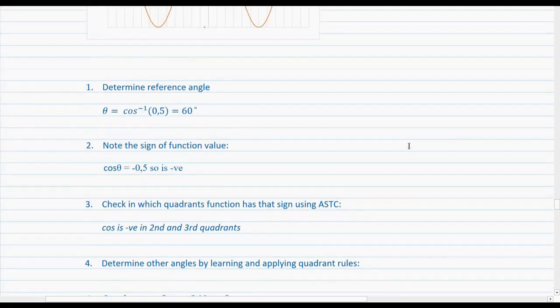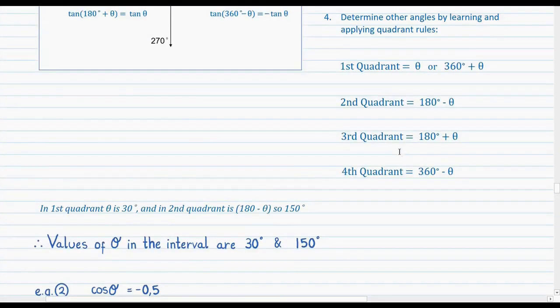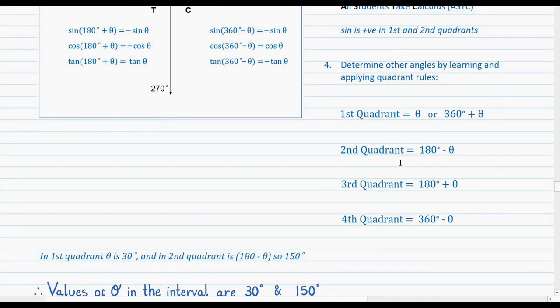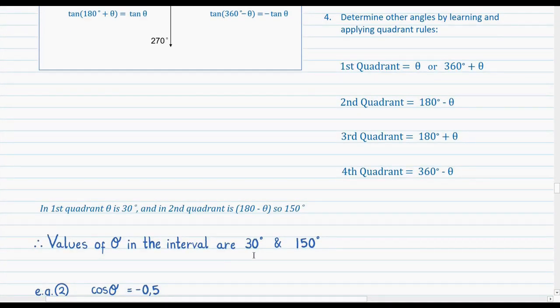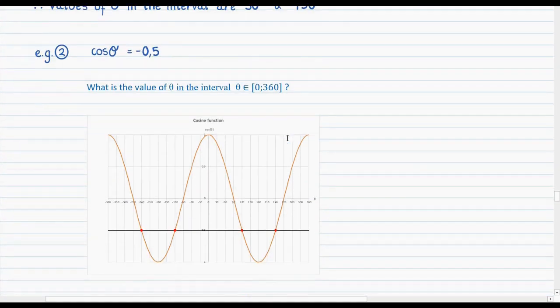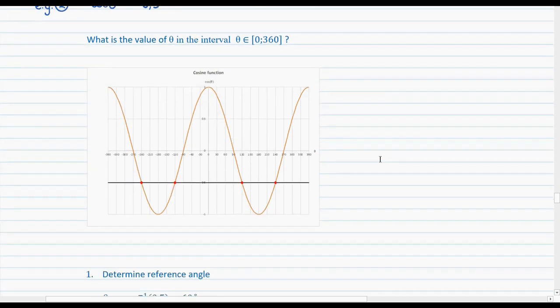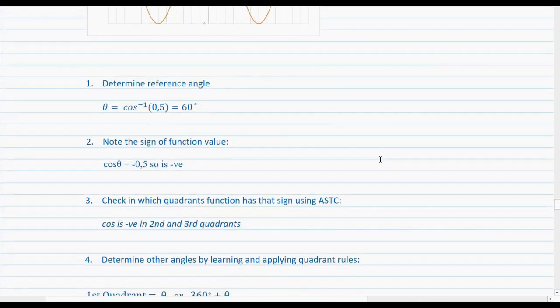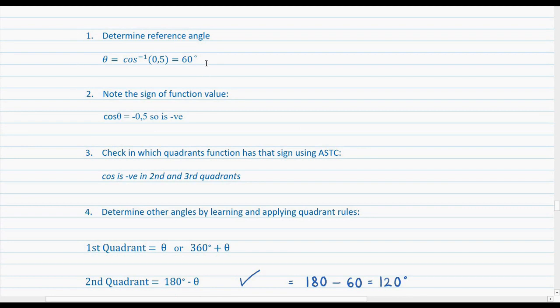So in the previous example, the 30-degree reference angle was only part of the solution because the first quadrant was part of the solution, because that's where sine theta is positive. But in this second example, we had cos theta being a negative value, so the first quadrant wasn't included and therefore didn't form a part of the solution. Therefore, the reference angle of 60 degrees also wasn't a solution.